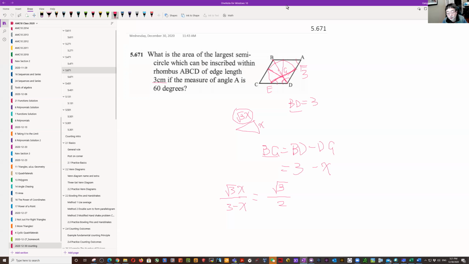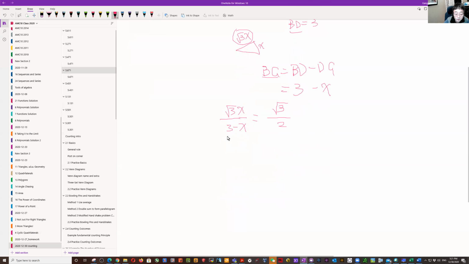By doing this, we make an equation, and we can multiply it out. Cross multiplying, 2 square root of 3x equals 3 square root of 3 minus square root of 3x.